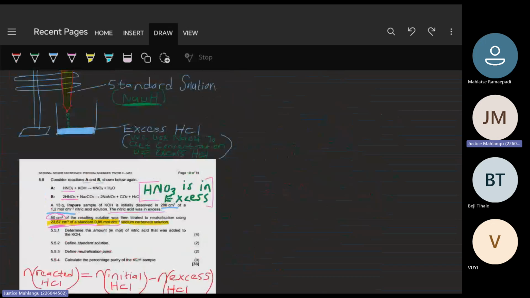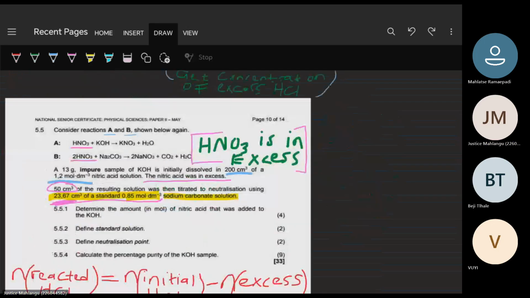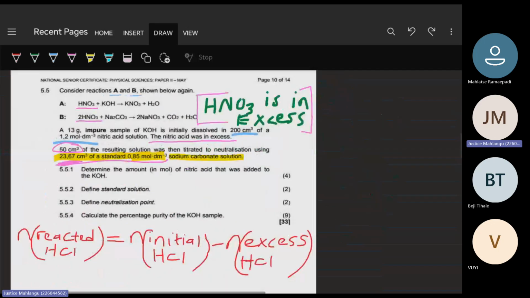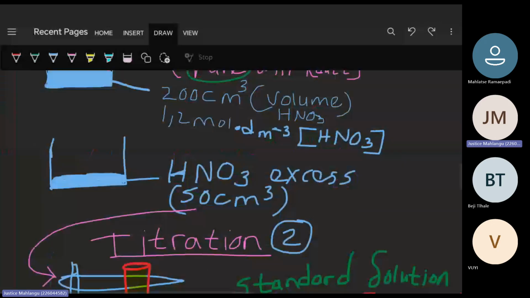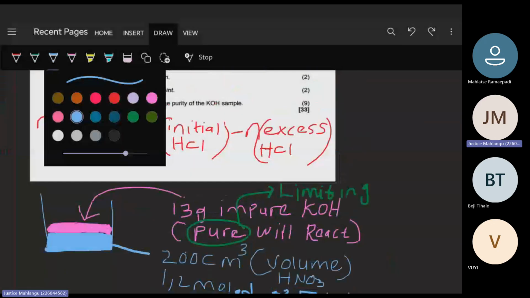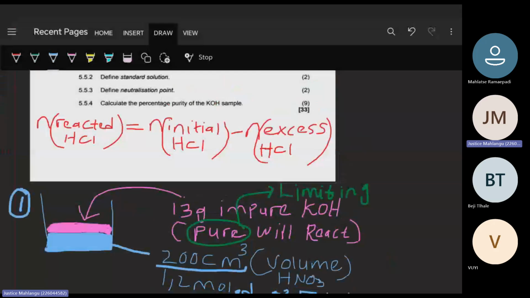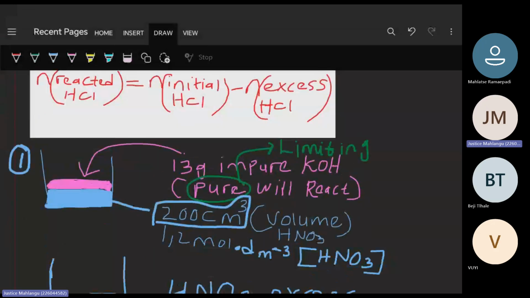The first beaker has a volume of 200 cubic centimeters. So we want the excess nitric acid in this beaker, not in 50. That's why we call it back titration. We're moving back to the original beaker.